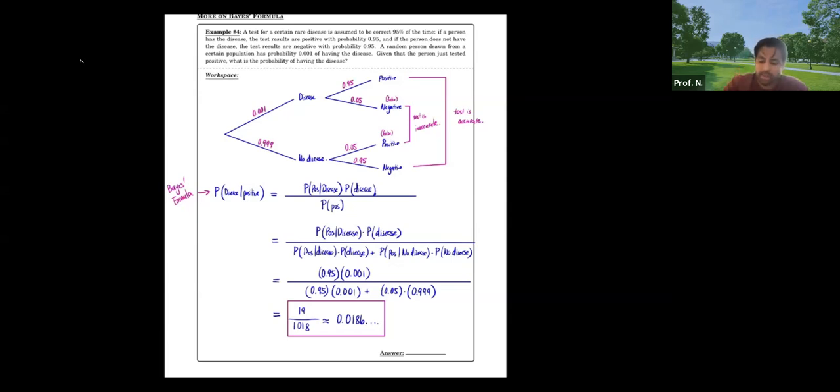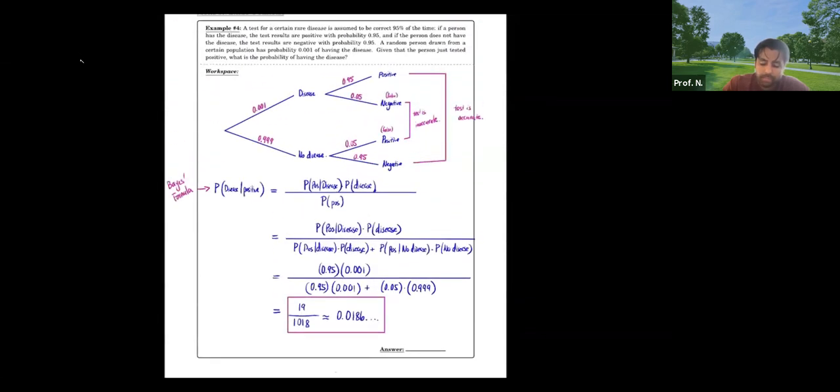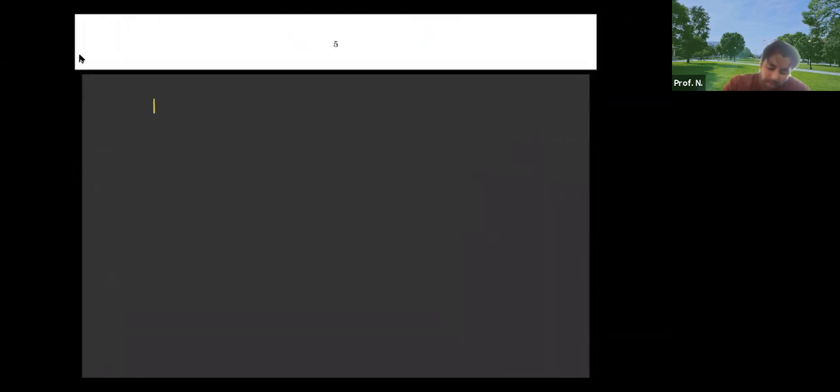So one way to think about this, I might turn the black page now, is considering if you had 100,000 people. How many people would have the disease?